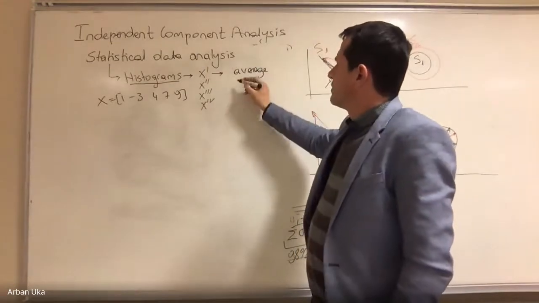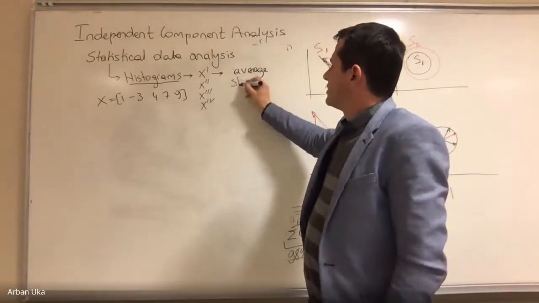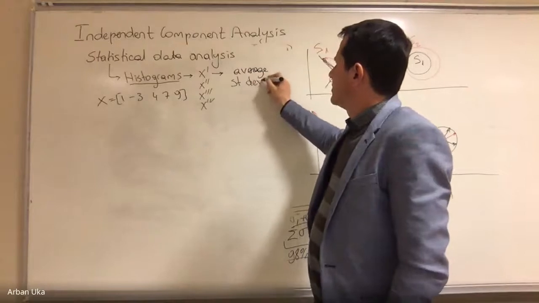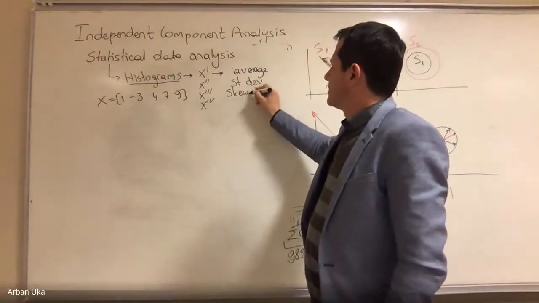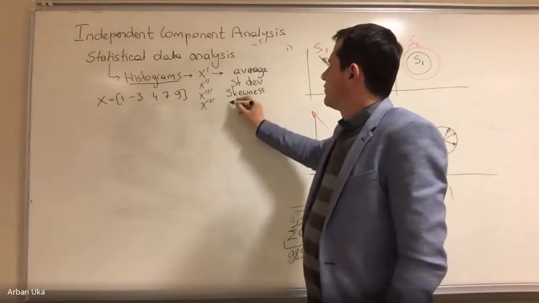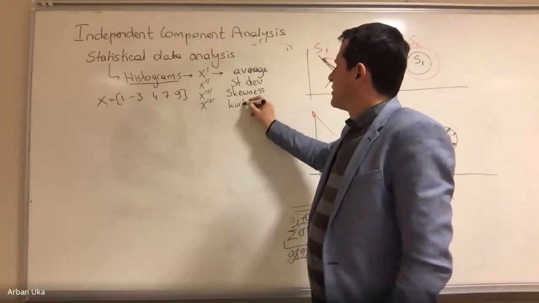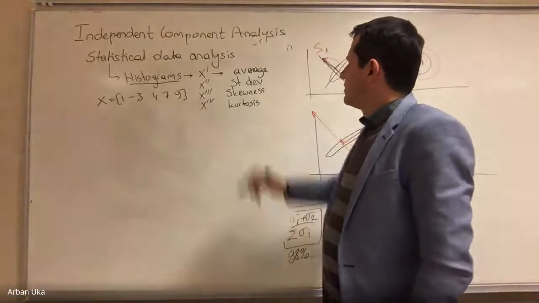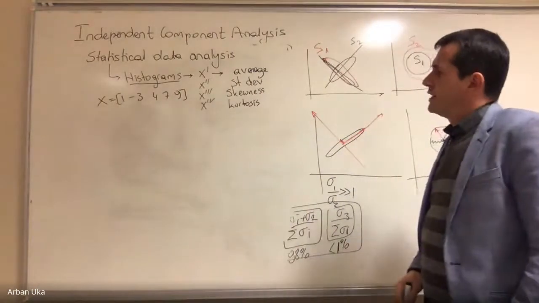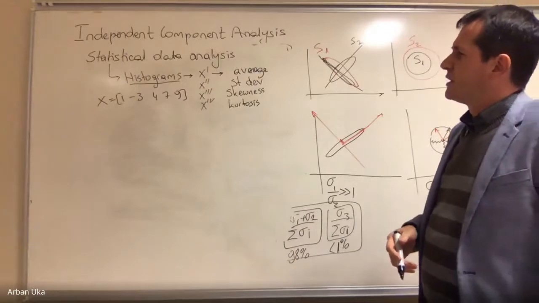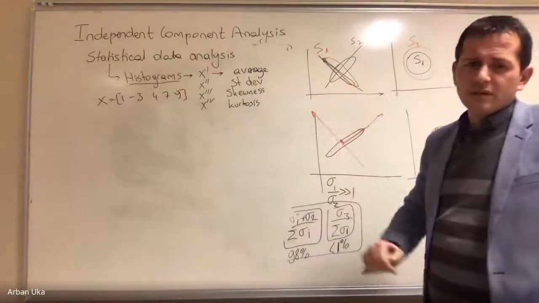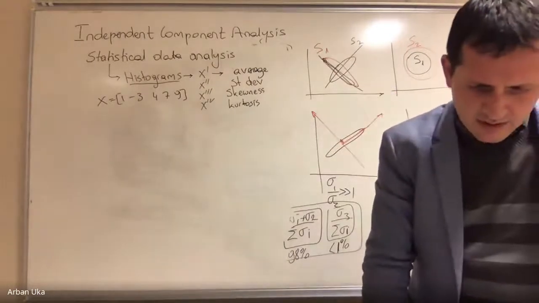The second moment of the data is the standard deviation. The third moment is skewness. The fourth moment is kurtosis. These are measures which make it possible for us to completely separate two different data sets.